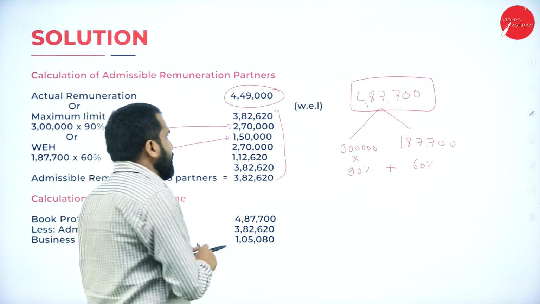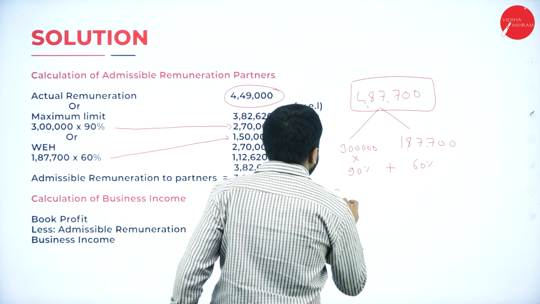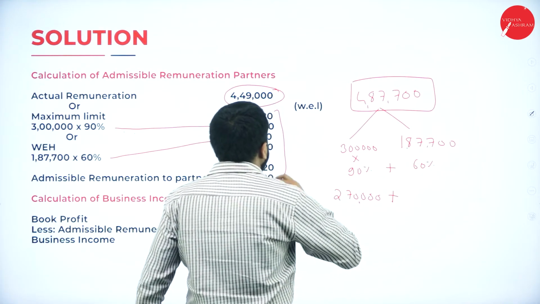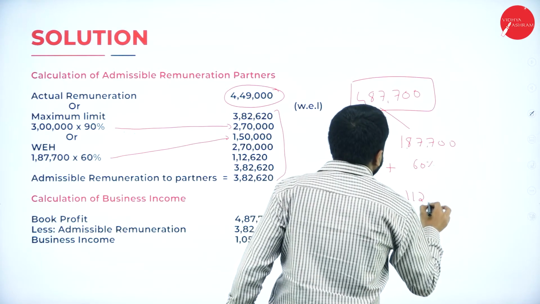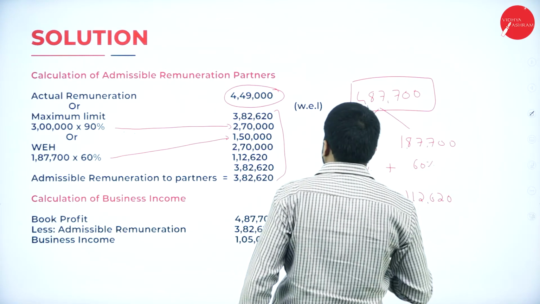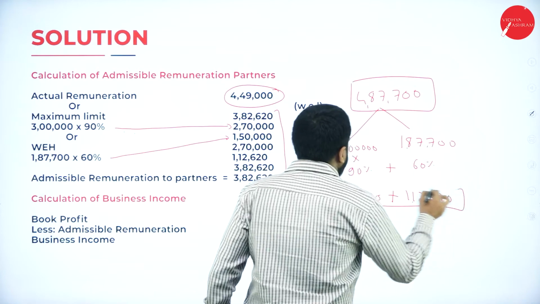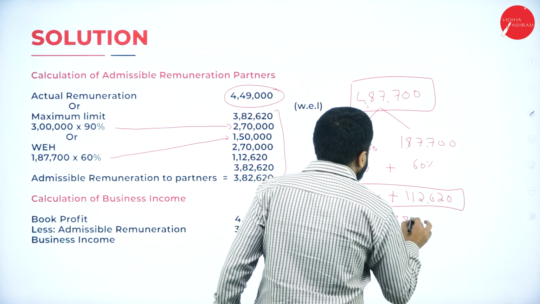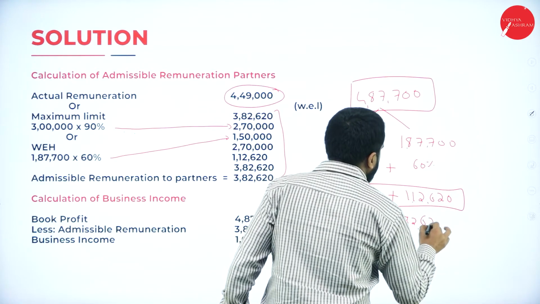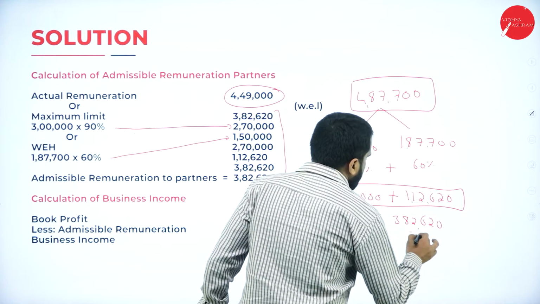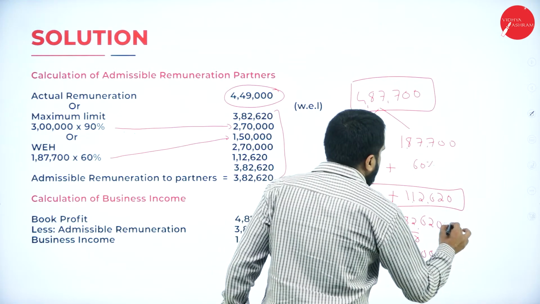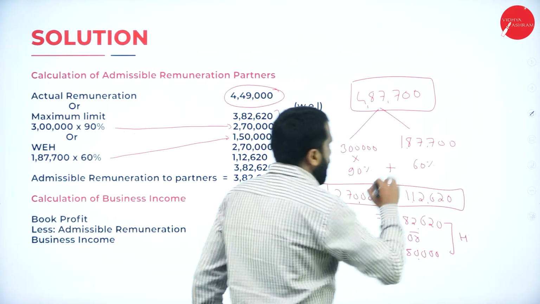Now on 3 lakh 90% means it will be 2,70,000. 60% it will be 1,12,620. So all put together, you will get 3,82,620. Or maximum limit is 1 lakh, standard limit is 1,50,000, whichever is higher.